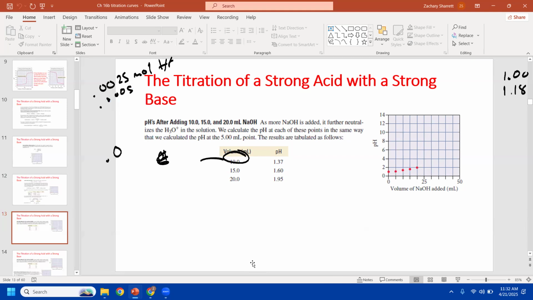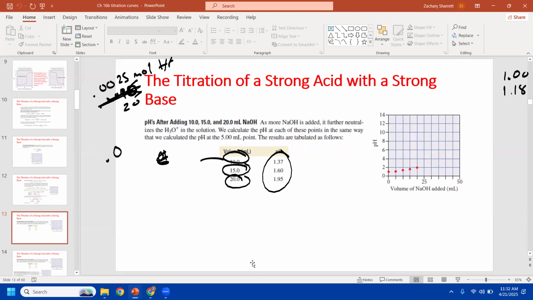When we add 10 mils, it should be 0.0010 moles added. When you add 15 mils, it's 0.0015. When you add 20 mils, it's 0.0020. You see how you keep adding a little bit more base? You keep subtracting a little bit more stoichiometry from the original H plus concentration. Does it make sense that the pH should continue to go up?